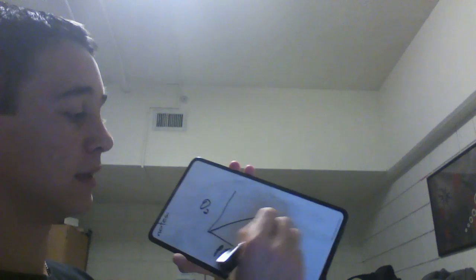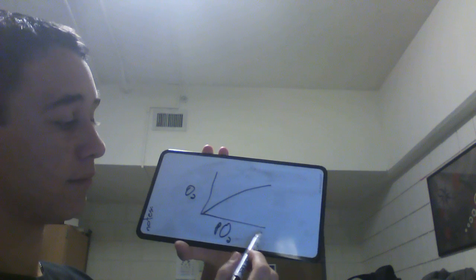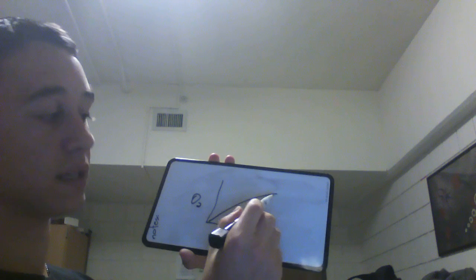And I'm going to draw this quick graph of oxygen content versus partial pressure of oxygen in terms of the hemoglobin binding. So you can see as the partial pressure of oxygen increases, the amount of oxygen binding to hemoglobin increases as well. So that's kind of picturing the relationship between the two.